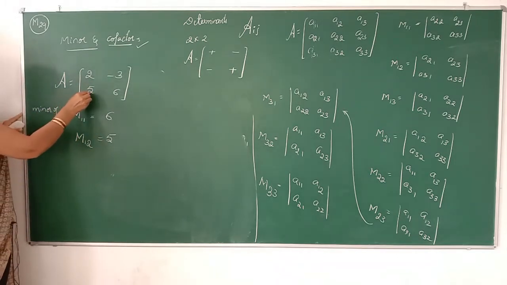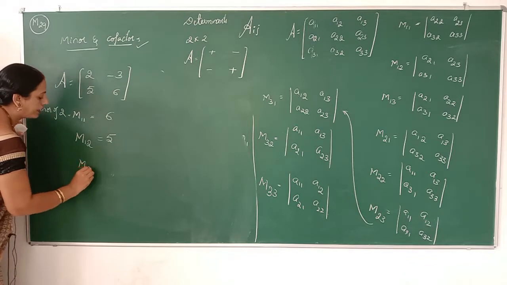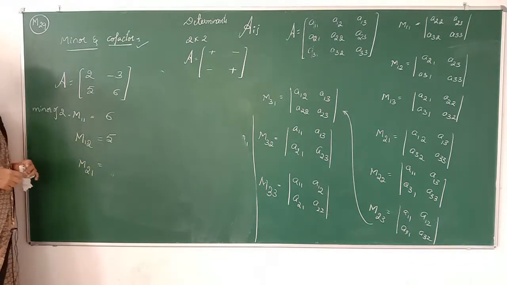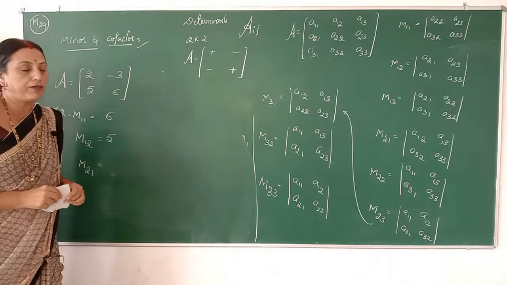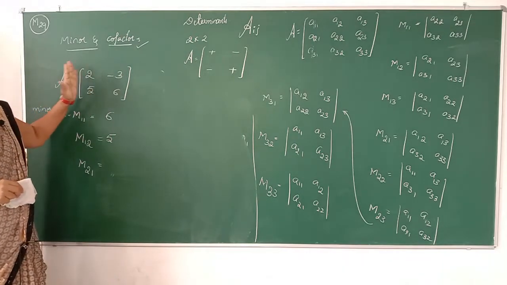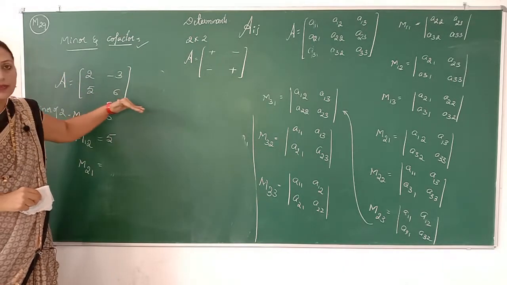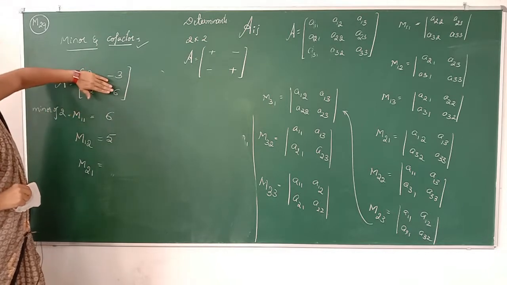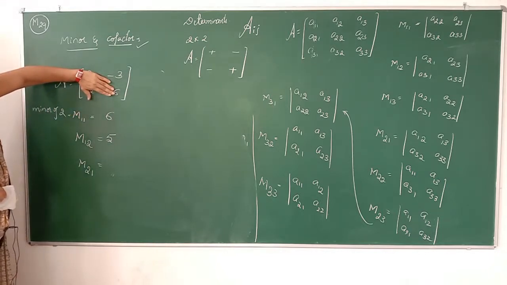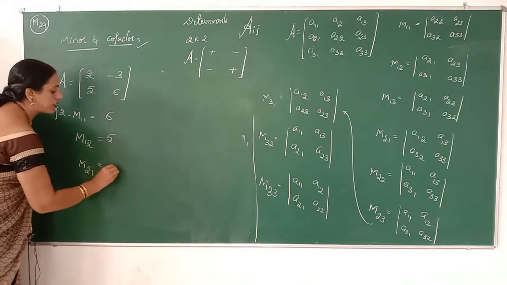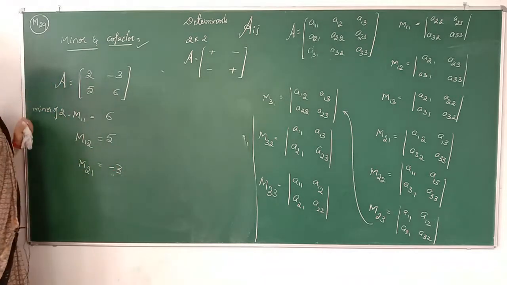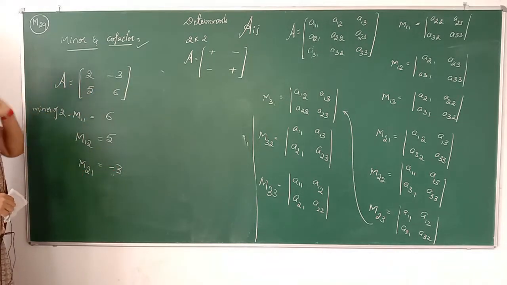Next we'll come to the element 5, denoted by M21, where M21 is the element in the second row, first column. That row and column are neglected and the remaining element is minus 3, which is the minor of M21.